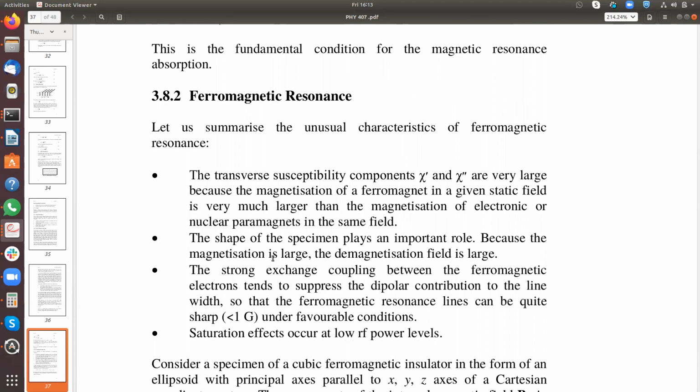Two, the shape of the specimen plays an important role because the magnetization is large, so the demagnetization field is large. Three, the strong exchange coupling between the ferromagnetic electrons tends to suppress the dipolar contribution to the line width, so that the ferromagnetic resonance line can be quite sharp, less than 1 gauss, under favorable conditions. Four, the saturation effect occurs at low RF power level.